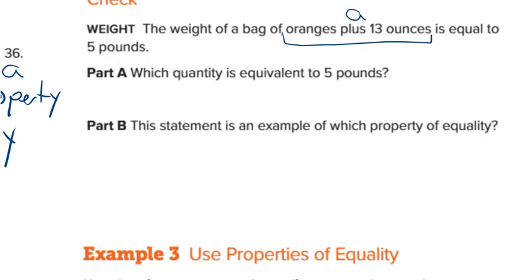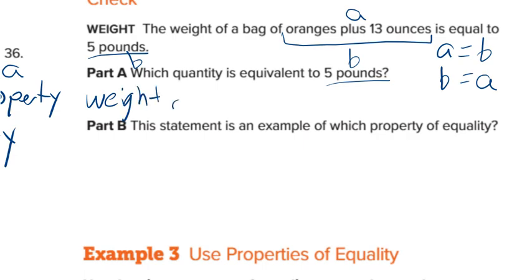So we would let oranges plus 13 ounces be A, is equal to 5 pounds, which is B. It says which quantity is equivalent to 5 pounds, which is B. They gave us A equals B. The only statement that we could write from here, since it starts out with B, is that B equals A. So which quantity is equivalent to 5 pounds?